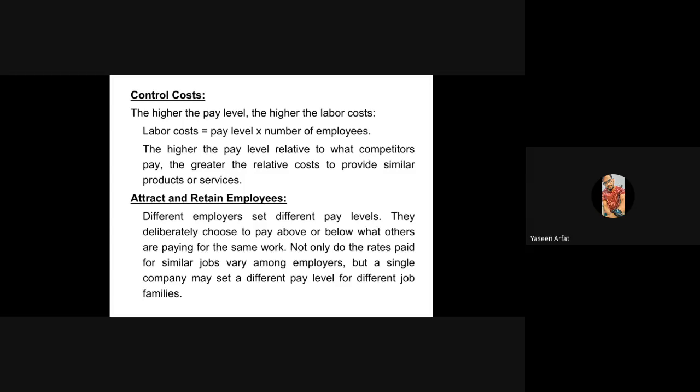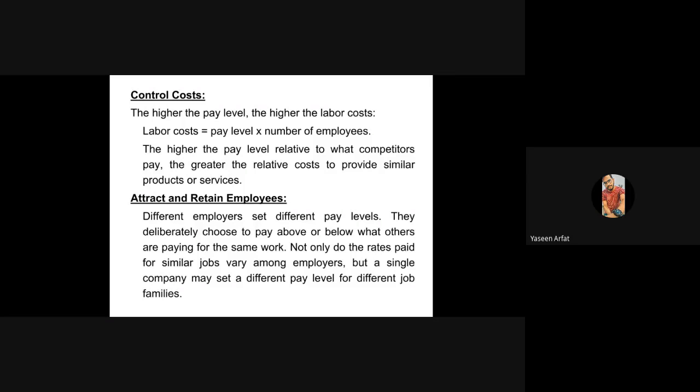Remember, not only do the rates paid for a similar job vary among employers, but a single company may also set different pay levels for different job families. When we talk about job families, different types of jobs fall into a similar type of characteristic, something like a homogeneous characteristic shared among the jobs. If it is similar between them, they all fall into a single family.